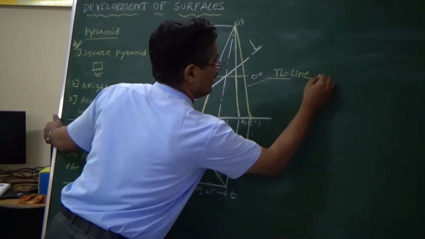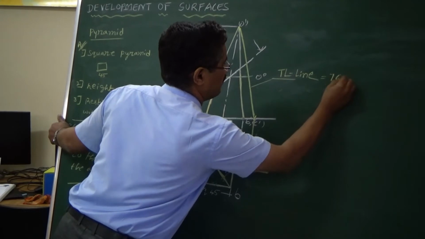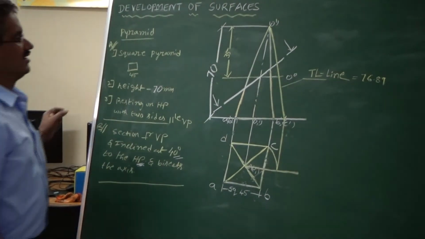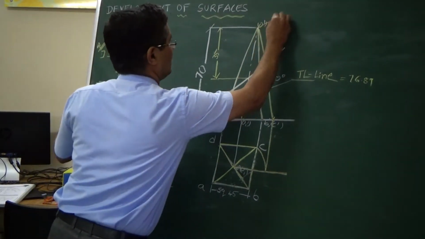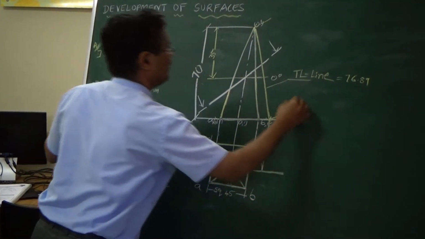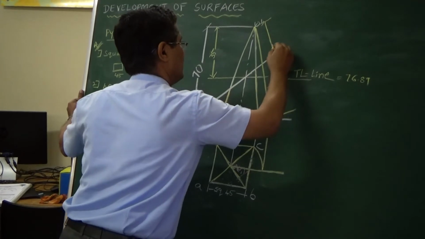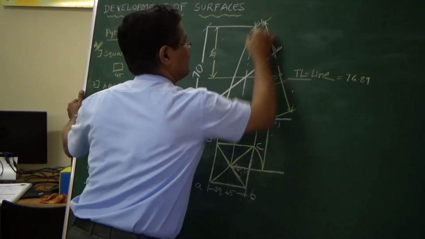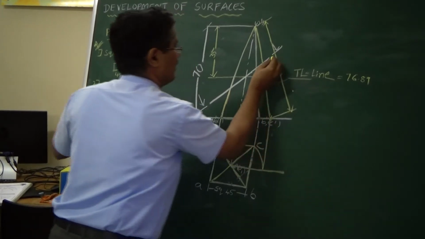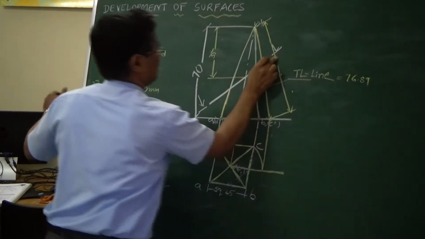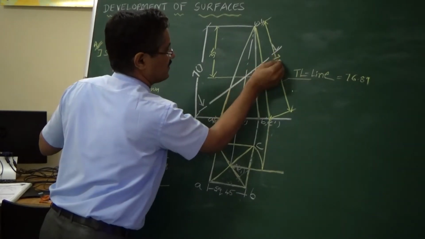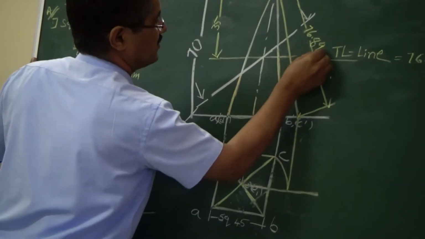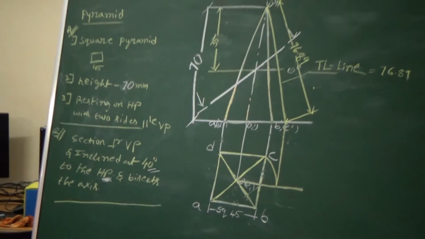According to that, about 76.89 or something is there. So this will be the TL dimension. You have to draw an arrow like this and also specify the dimension here, that is 76.89. Okay. So like this you have to specify the dimension.